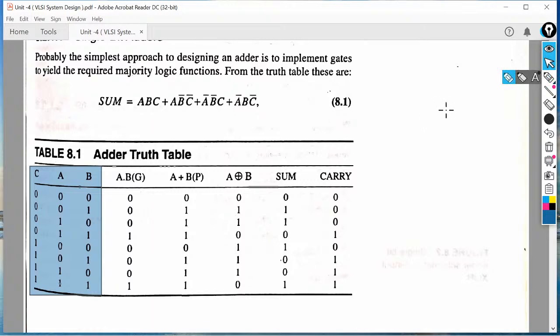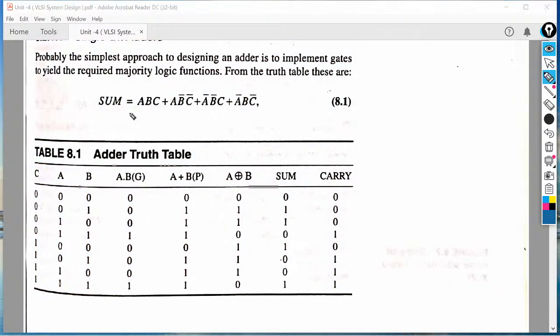Here three different bits are present. One is A, another one is B, and the last one is C. By using these three bits, we will get the sum and the carry.